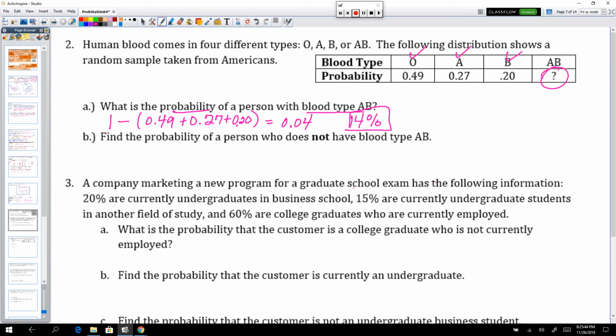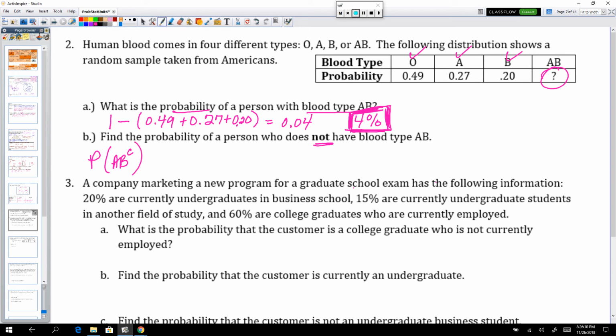So there's a 4% chance of randomly selecting somebody with type AB blood. Now, what's the probability of a person who does not have type AB? First of all, let's practice our notations here. I would love for you to practice by writing what we're trying to find, the probability of AB's complement, right?